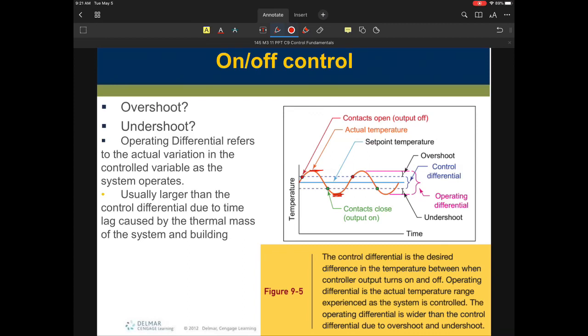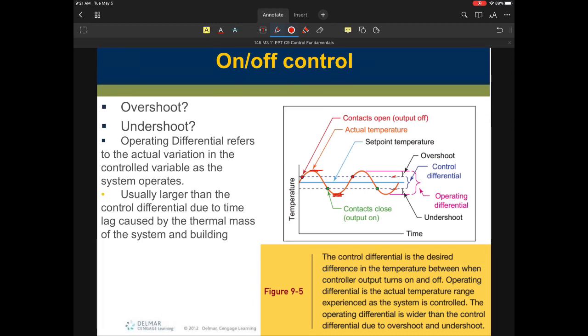So the operating differential in this case is going to be the actual temp measured here and what the full swing is, all the way down in this bottom. So you'll notice that my operating differential is actually larger than what you really have for a differential.